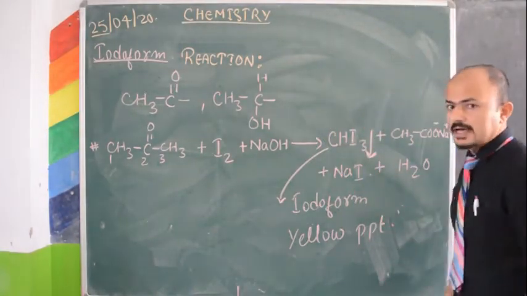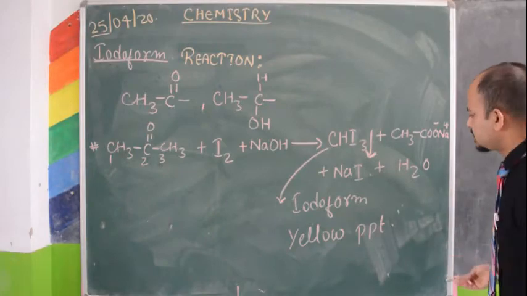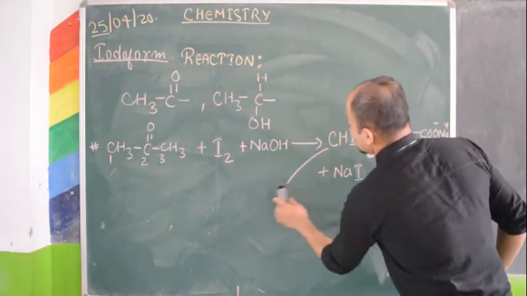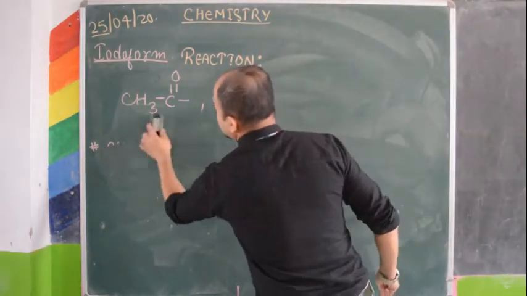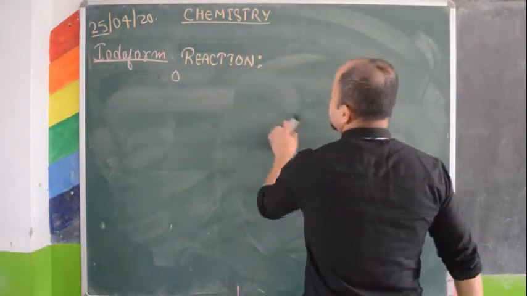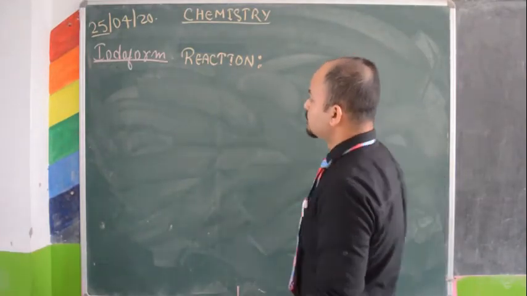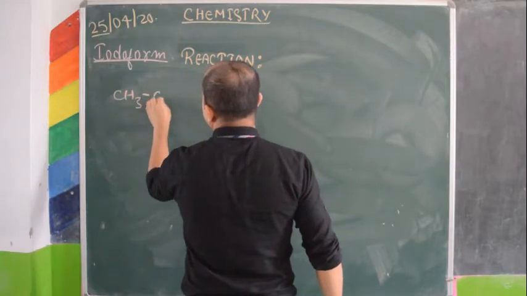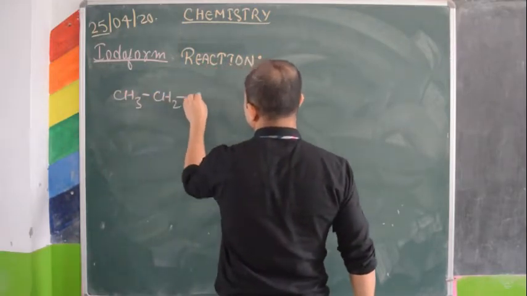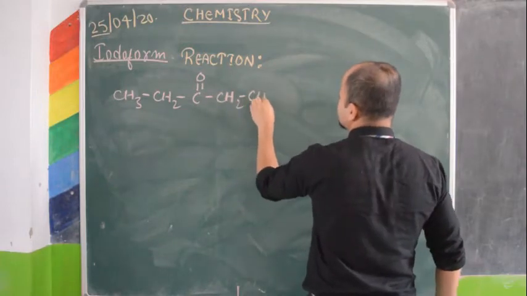Now, the application of this iodoform reaction will be used in distinguishing between compounds. For example, I hope you have noted it down. Now let me take one distinction done by the iodoform reaction. Suppose you have two compounds, CH3, C double bond O, CH2, CH2, CH3.